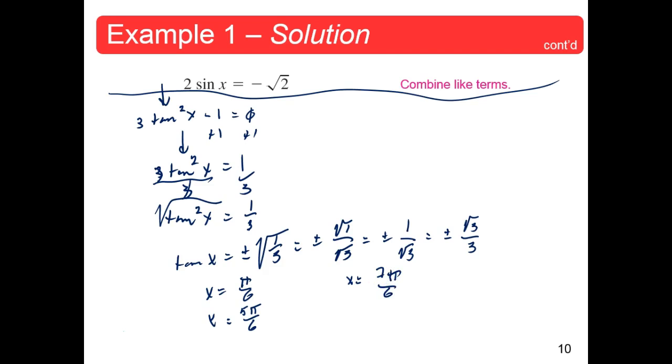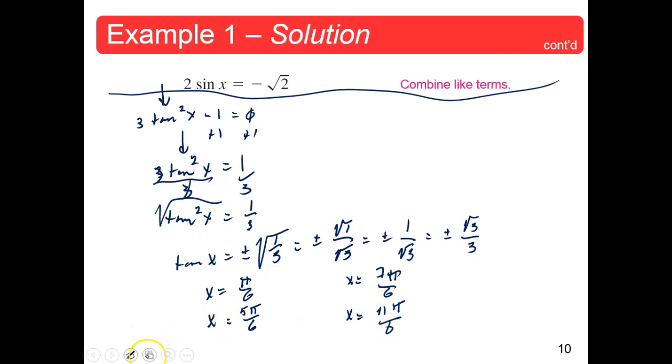And whereas x equals 5 pi over 6, it's negative in the second quadrant, it's also negative in the fourth quadrant, so that would be pi over 6 short of 2 pi, which would be 11 pi over 6. Okay, so x equals 11 pi over 6.